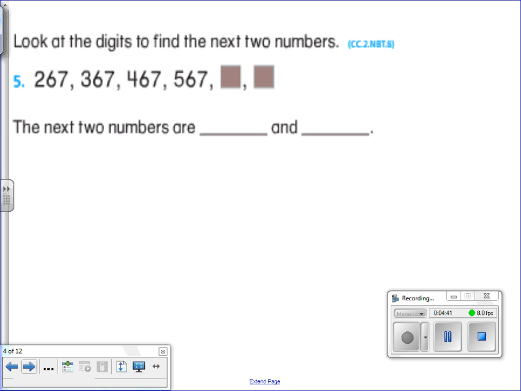Look at the digits to find the next 2 numbers. So we have 267, 367, 467, 567. What are we skip counting by here, Justin? Hundreds. What are the next two numbers, Justin? 667.